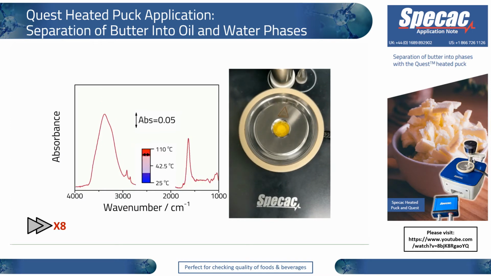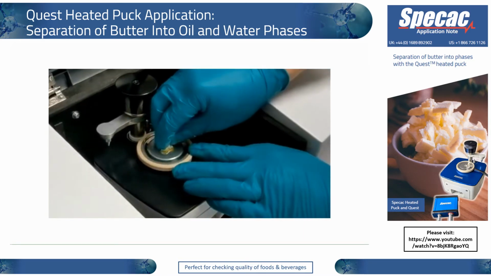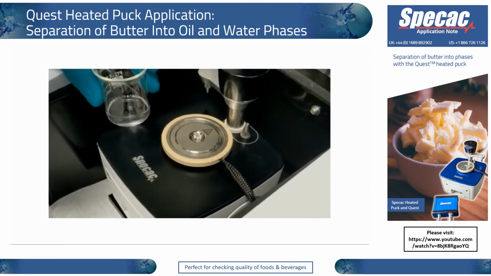As the temperature increases, the water evaporates, concentrating the dissolved milk solids, which are left as a residue beneath the fat layer. After your experiment is over, simply wipe away and clean with a suitable solvent.